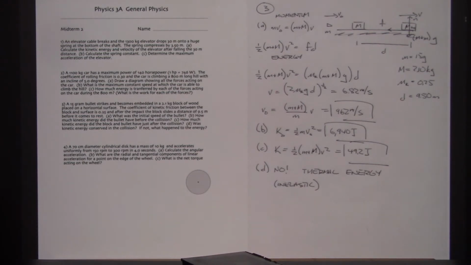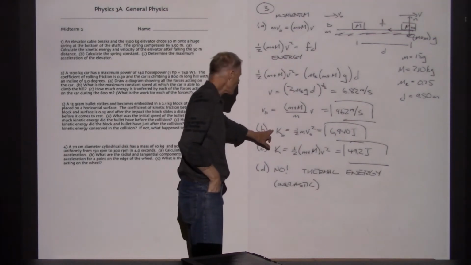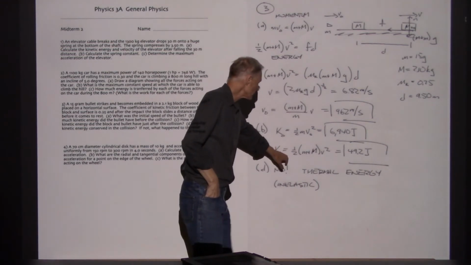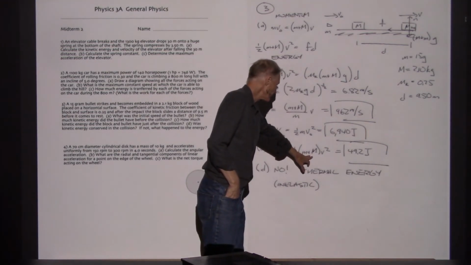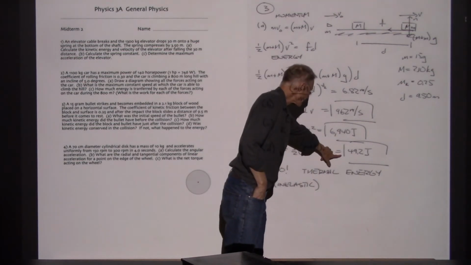Putting all those numbers in, I end up with a beginning kinetic energy of 6,940 joules. Now, after the collision has taken place, the kinetic energy is going to become 1/2, they're both combined, little m plus big M, times the lower speed. And that says right after the collision, we have 49 joules.